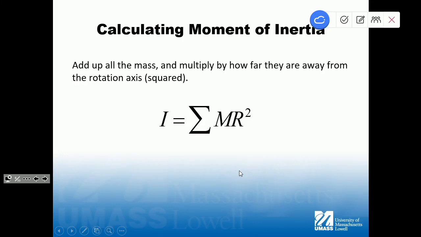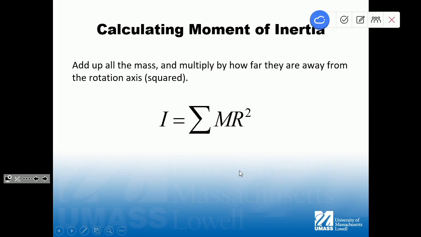The idea here is that every mass of some mass m, some distance r away from the axis of rotation, contributes a certain amount of inertia. That amount of inertia is mr squared. If I have an object which is made up of a bunch of these masses, then the total inertia is the total contributions of all those masses.